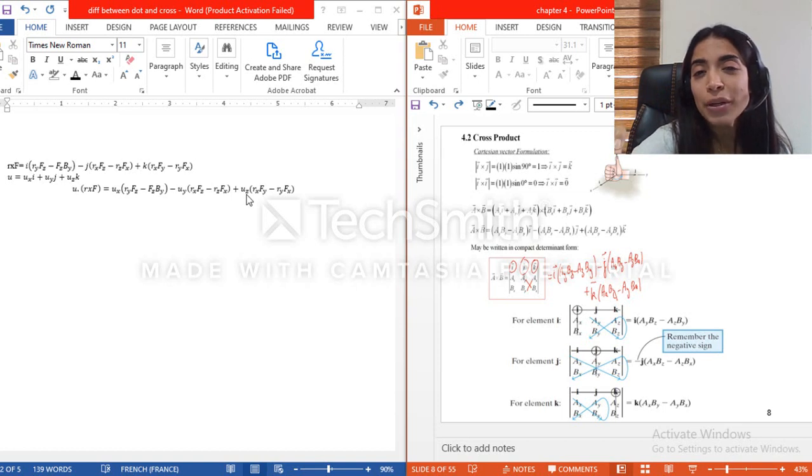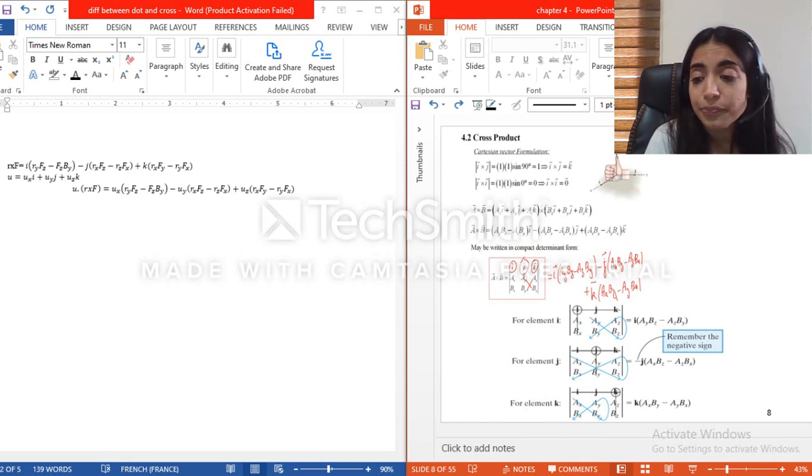Why? Because I'm replacing vectors i, j, k by scalars ux, uy, uz. But this is only an analogy to do that scalar triple product or dot cross product using a matrix, because matrix is much easier. So if I do a matrix, I don't have to memorize all these terms.